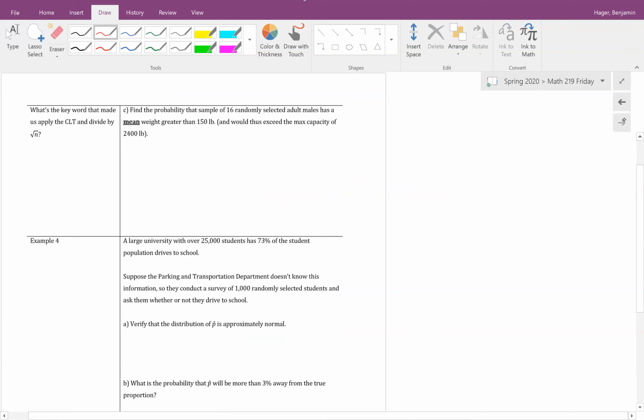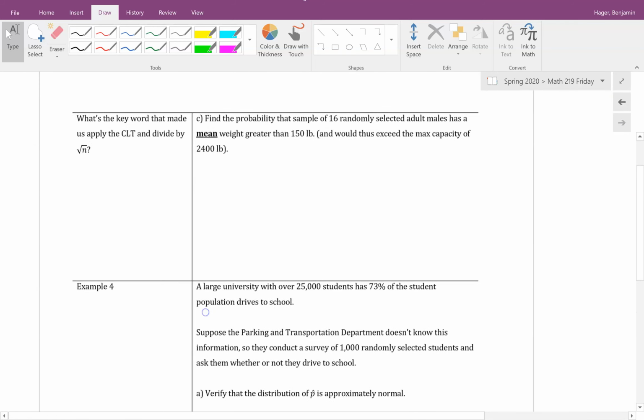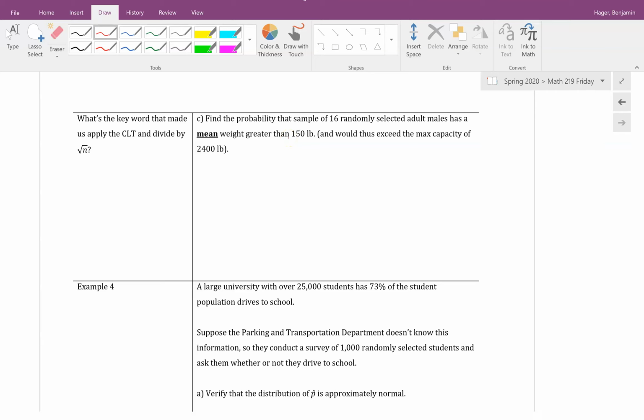Well, this next question is slightly different. This says find the probability that a sample of 16 randomly selected adults has a mean weight greater than 150 pounds. Because what we just did is we talked about finding the weight of a single person being greater than 150. That's not entirely what we're interested in.